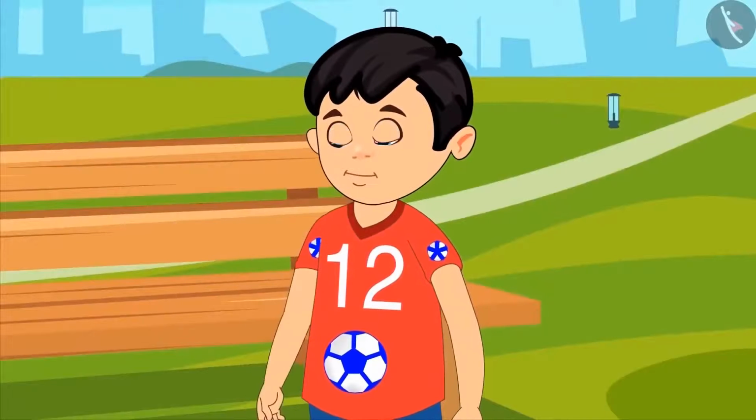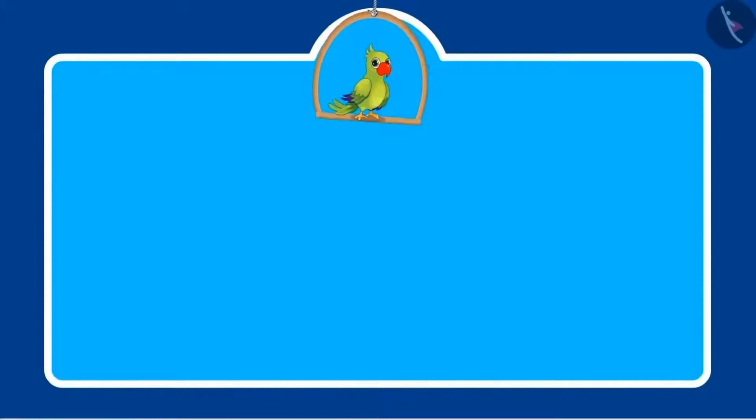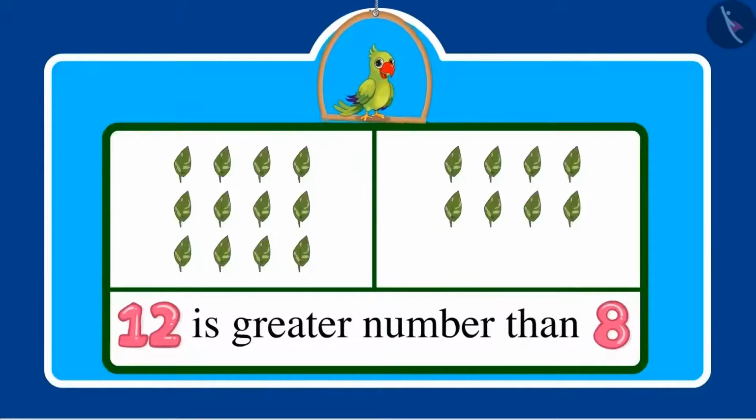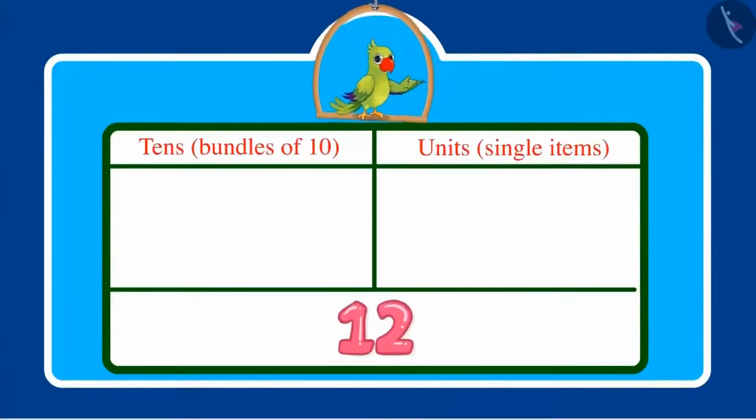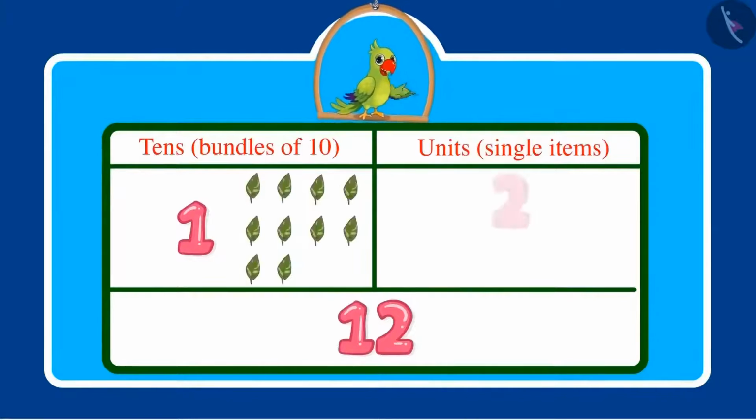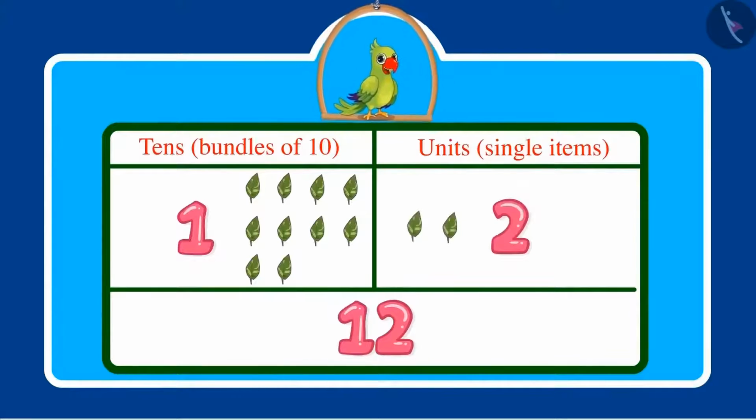Let's play now. So children, you saw that 12 is a greater number than 8 because 12 has a 10, which means 10 items like 10 leaves, and 2 units meaning 2 single items like 2 leaves.